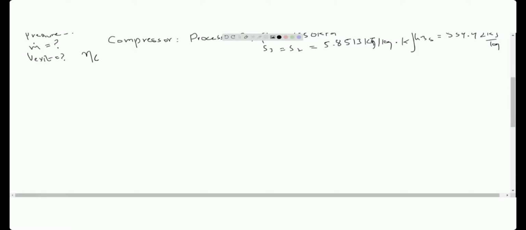Now the efficiency for a compressor is equal to H3S minus H2 divided by H3 minus H2.